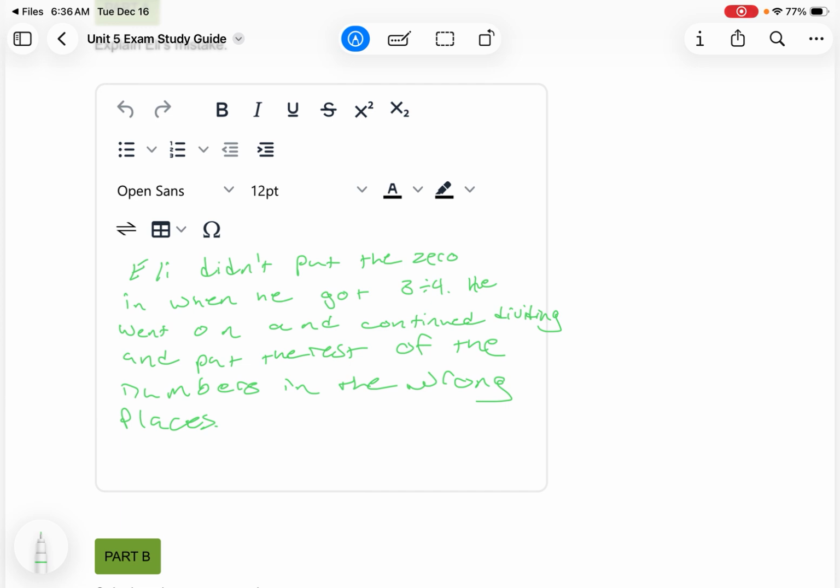Well, he didn't put the 0 in when he got 3 divided by 4. He went on and continued dividing and put the numbers in the wrong spots.